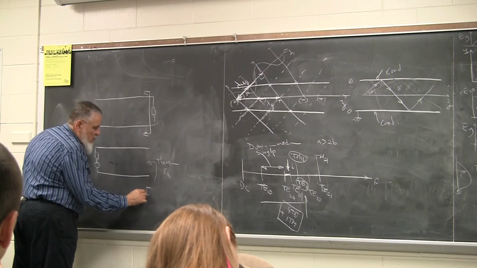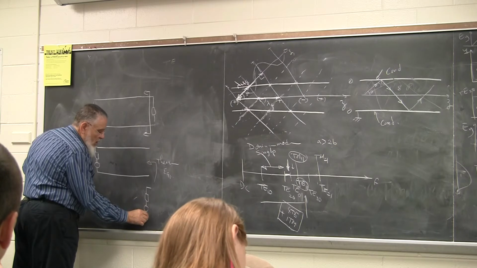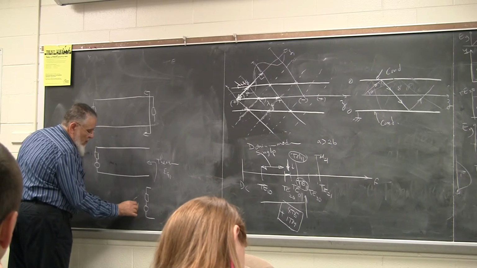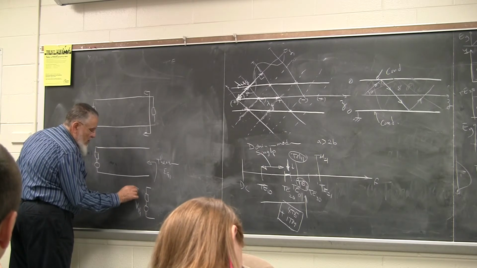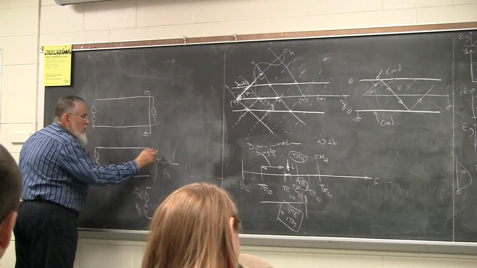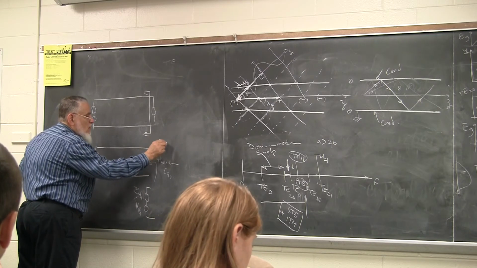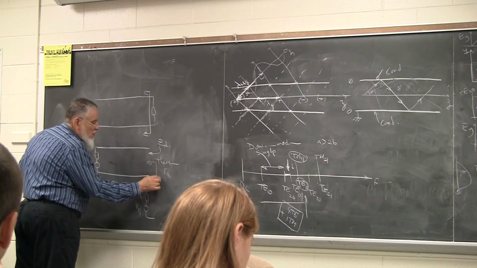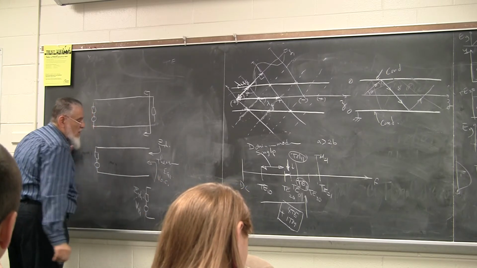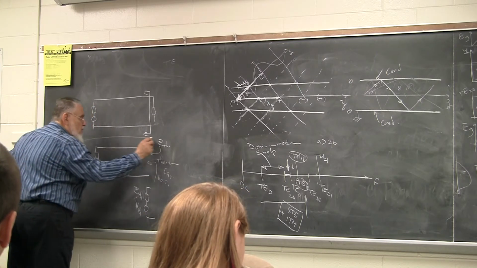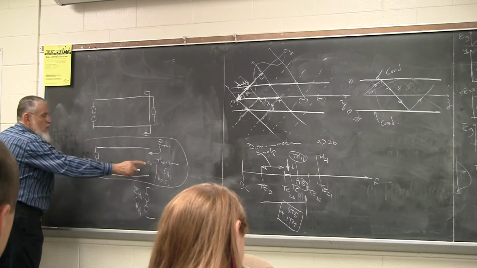So eventually it comes down to an impedance and an open source, V Thevenin and Z Thevenin. Z Thevenin would be the impedance seen here, and V Thevenin is the V open circuit that you see here. So you want to solve this problem for your open circuit voltage here.